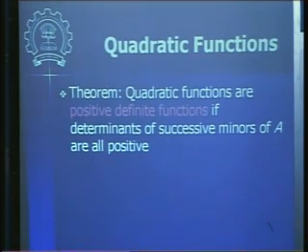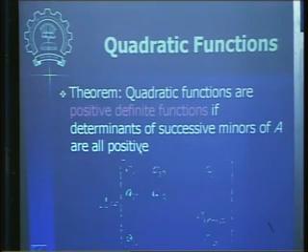Next we will see how, suppose we want this quadratic function to be a positive definite function, what are the conditions? So this is a theorem. We will not see the proof of this theorem, but I'll tell you the theorem and explain it. The quadratic function is positive definite if the determinants of the successive minors of A are all positive.